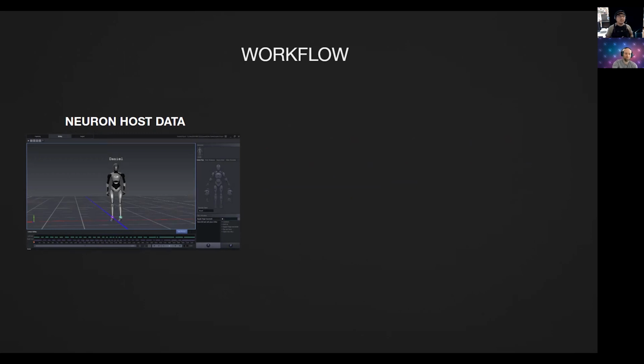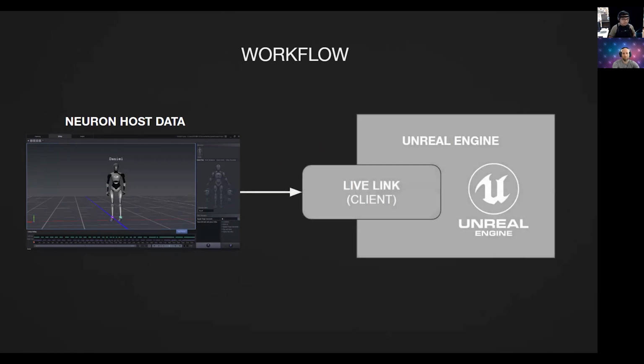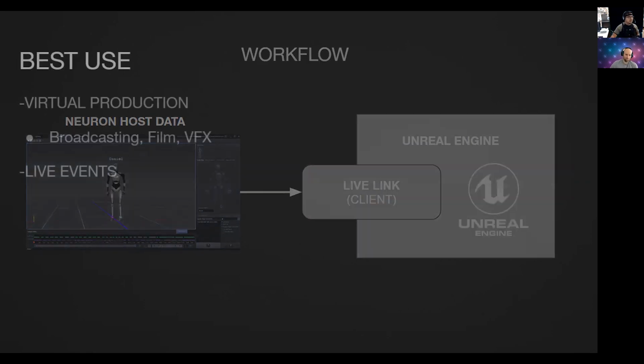It does work with Axis Neuron Pro, so it'll be acting as a Neuron host for data, and that data goes into Unreal Engine through the Live Link, where it sets up like a client. So you have a host and you have a client. This is already built in. It's just a matter of doing a few setups with your characters inside of Unreal, making it a lot easier for a lot of artists out there.